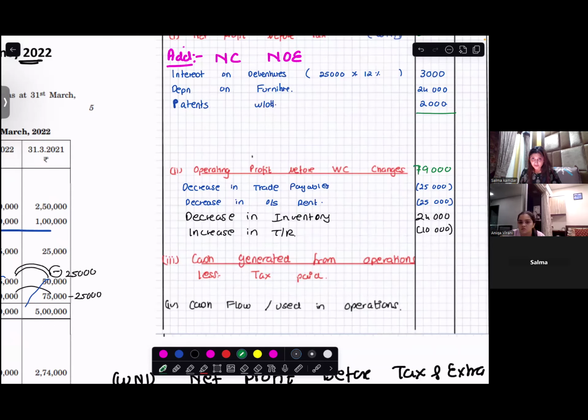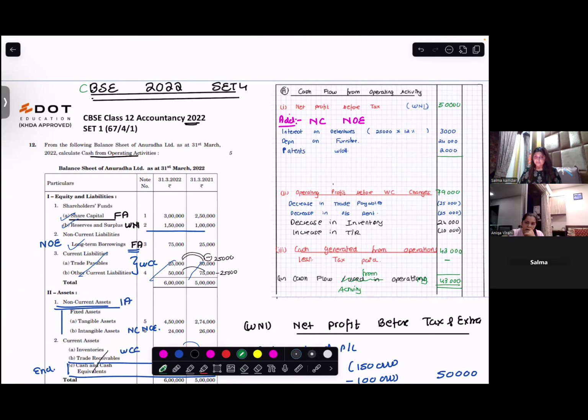That gives 43. No tax paid is given. Cash flow from operating activities 43.